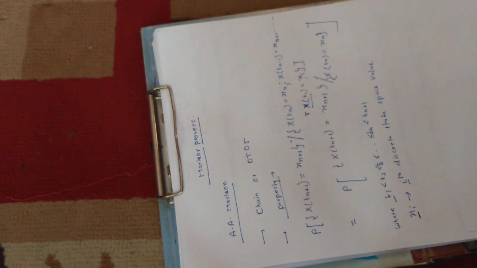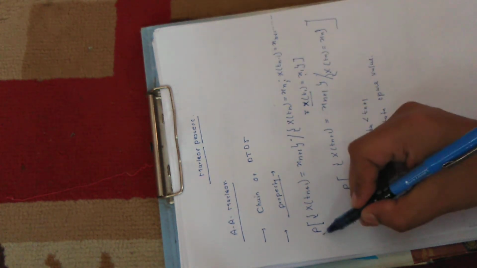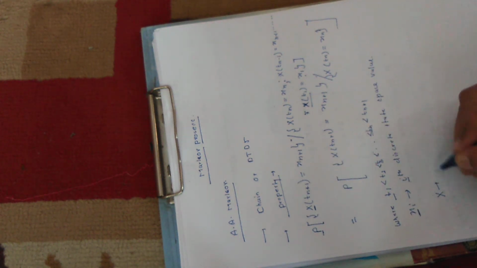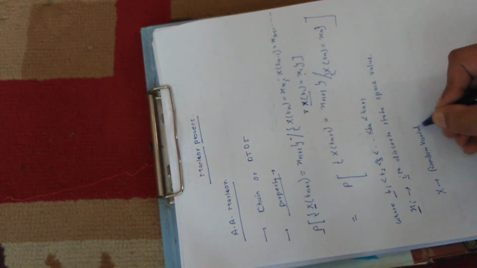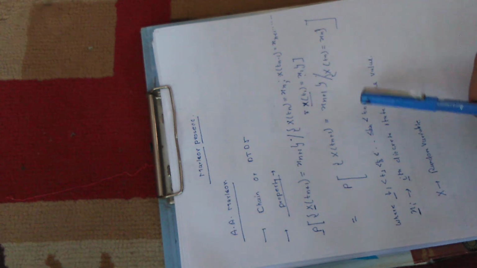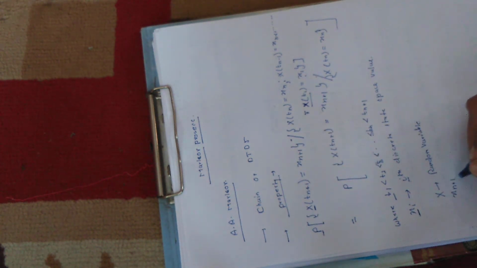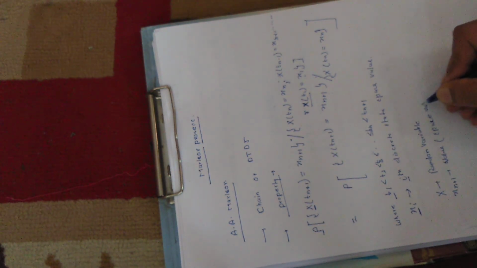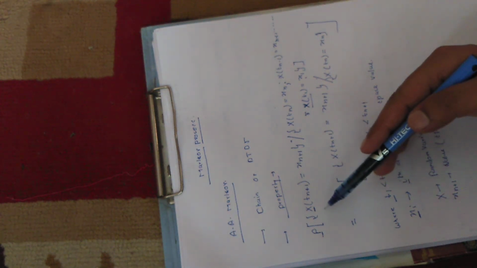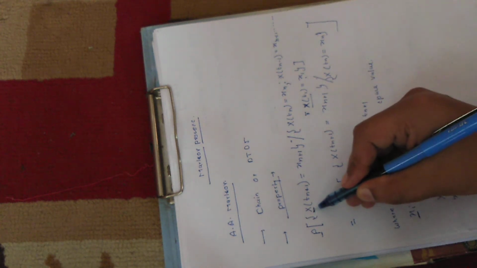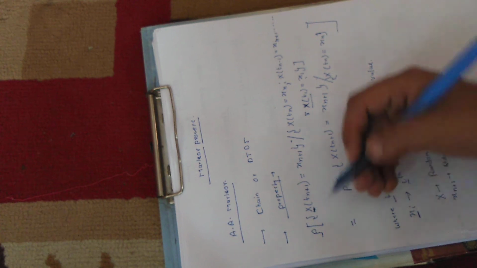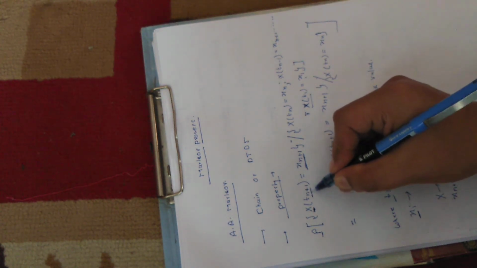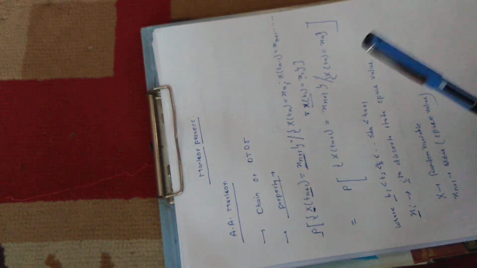As per the Markov process, it states that the probability, P representing the probability that the random variable capital X, here X is the random variable, takes on the value x_{n+1}, the space value, at time step n plus 1.